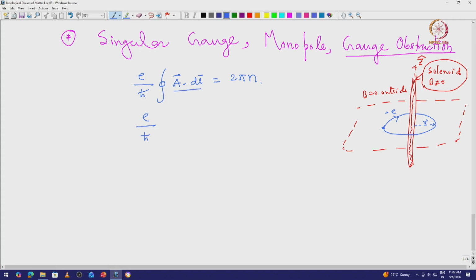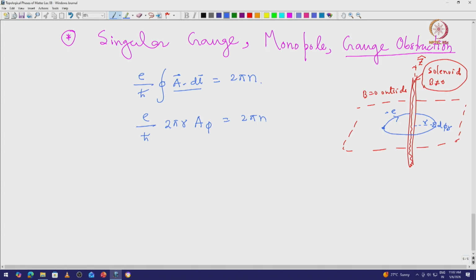This is a line integral, and we can do this line integral. Let us call it d phi; this arc is r d phi. It is the arc length, the total arc length.